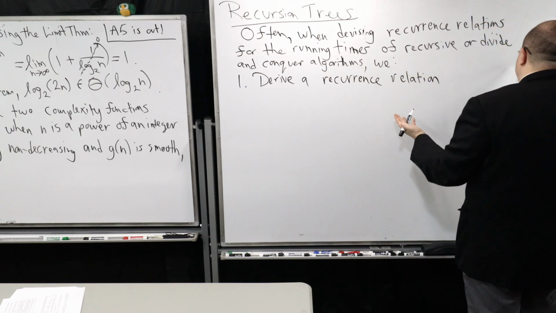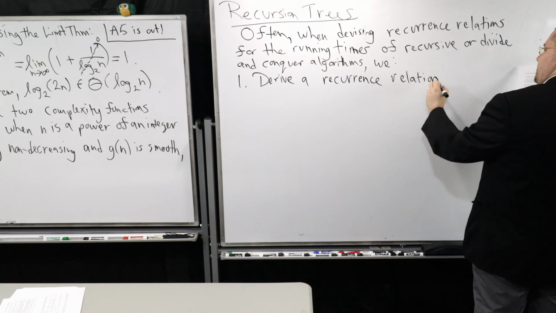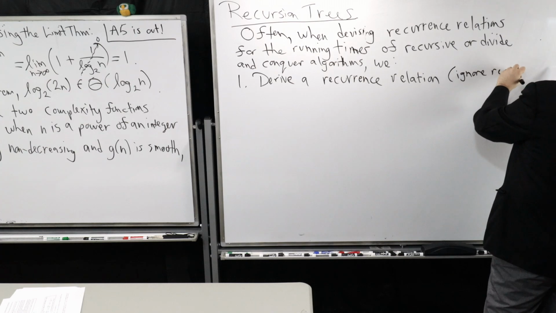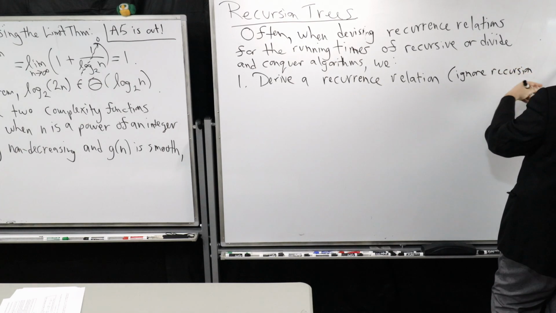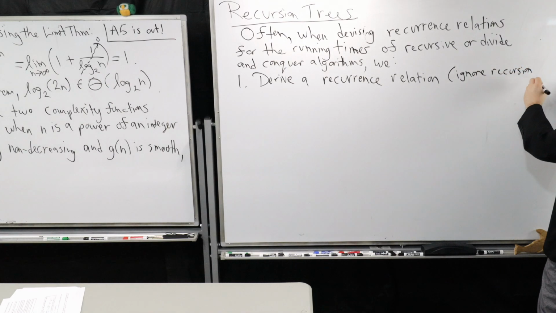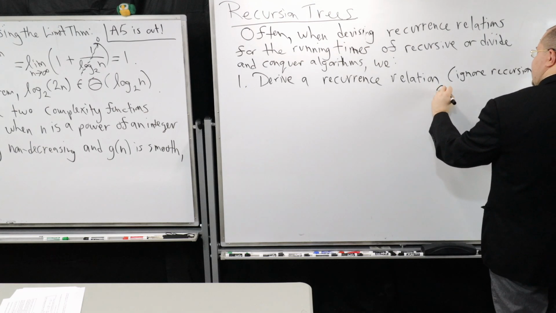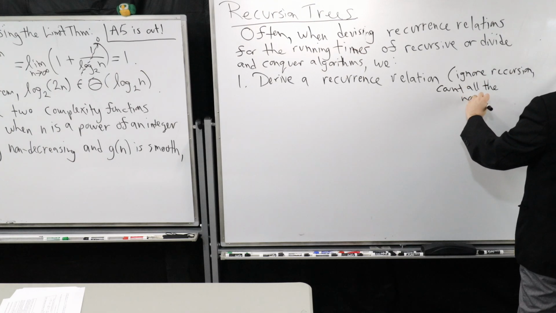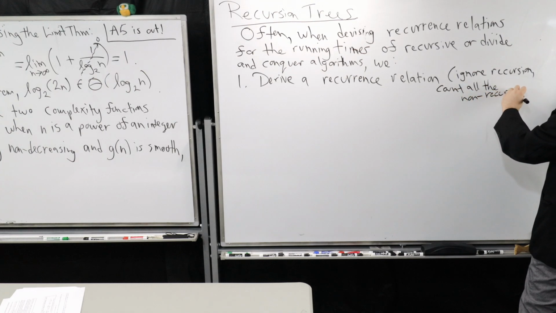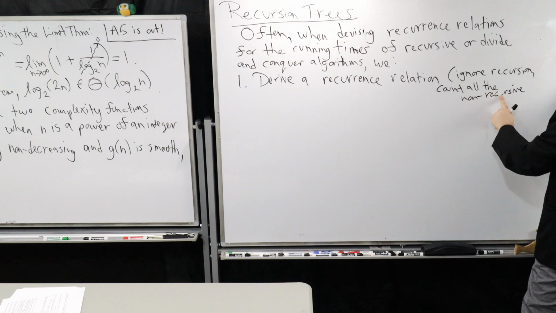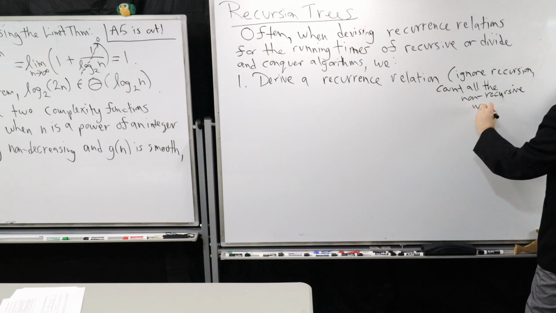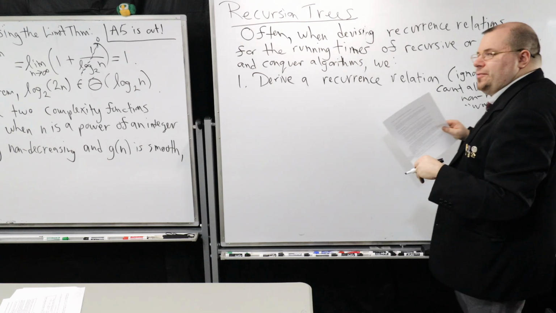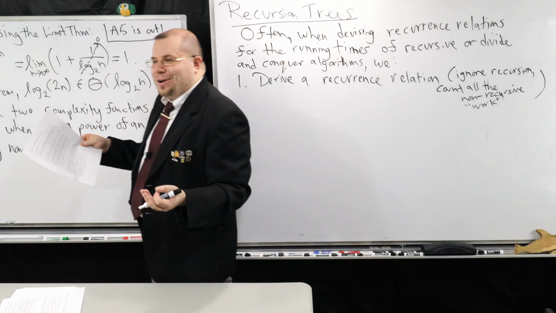So the way we did this very often is first we ignore the recursion and then count all the non-recursive work, right? So this is very often what we would do if we were trying to analyze a recursive algorithm, right?